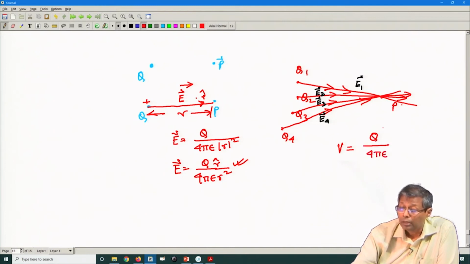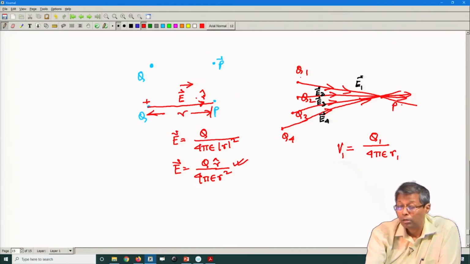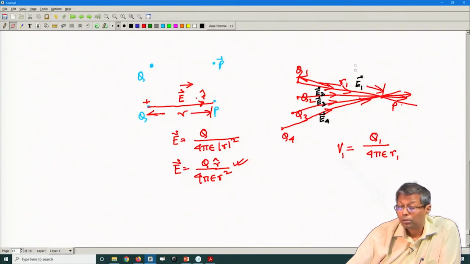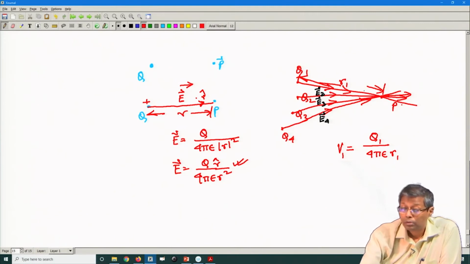Let us say for Q1 the potential V1 is Q1 by 4 pi epsilon R1, where R1 is this distance from here to here. So, this is R1. Let us put E1 here.